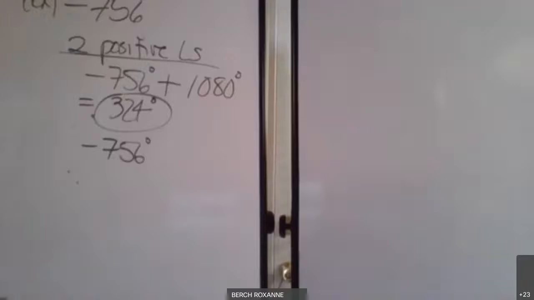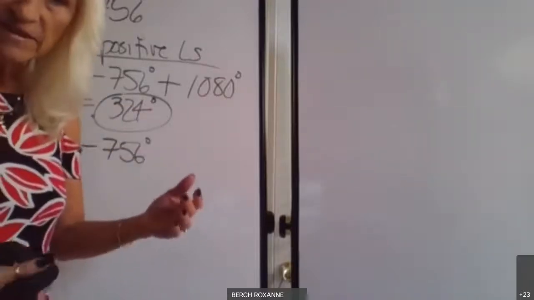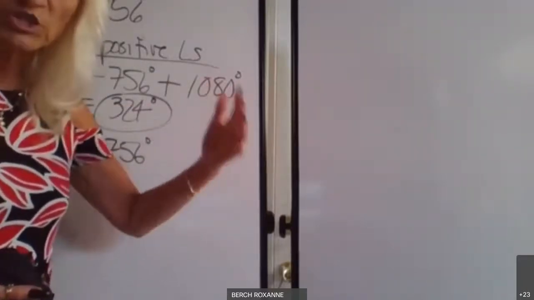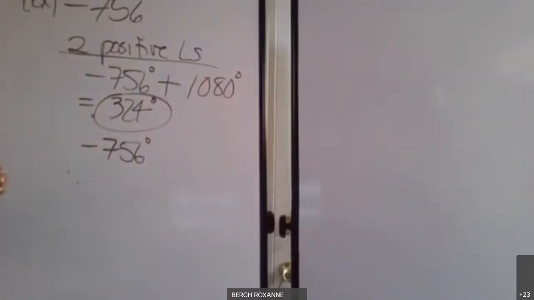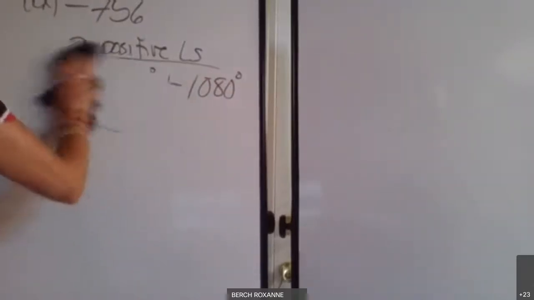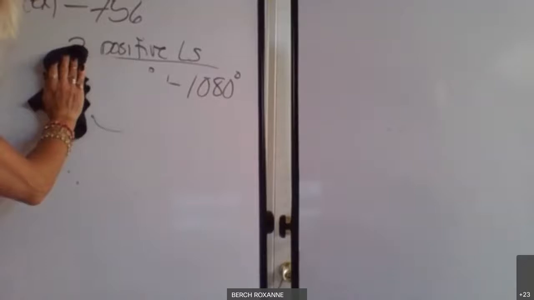Just remember, it has to be multiples of 360. It could be doubling it, tripling, quadrupling it, whatever you need to get what they're asking for. It's just multiples of 360 or 2 pi. So you could use 2 pi, 4 pi, 6 pi, 8 pi. Okay?